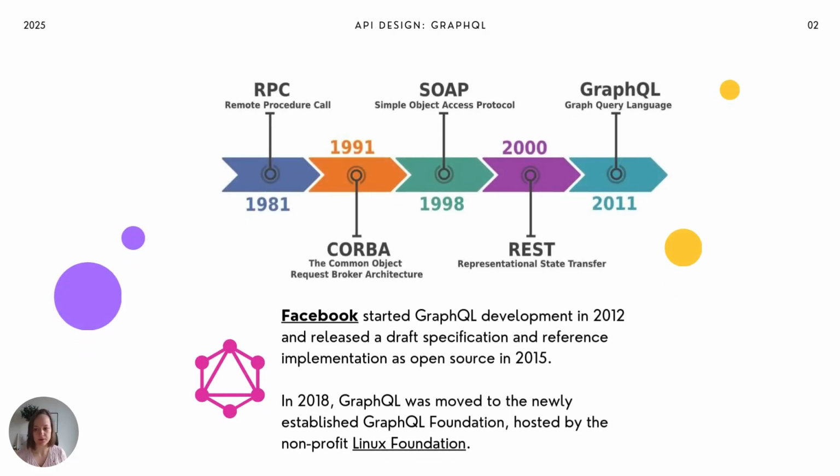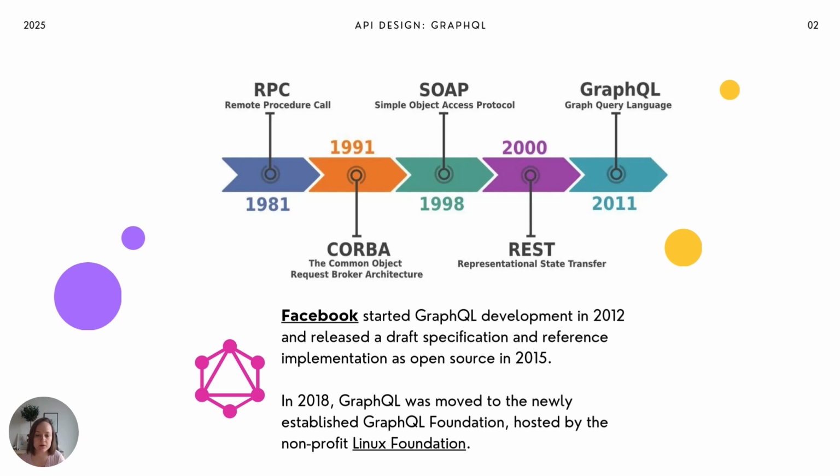GraphQL is a query language for APIs and also a runtime for executing those queries. It uses a pretty strict type system that you define your data with. And you can say that it is one of the newer developments.